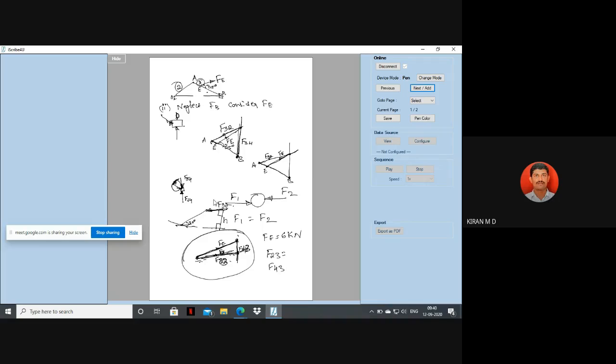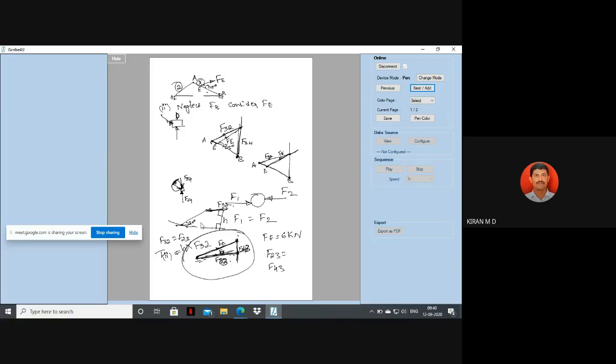We already know F23 here, so F32 is equal to F23. The torque from the second condition is H into F32. Which torque is this?